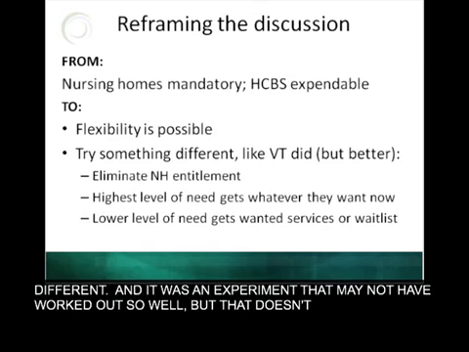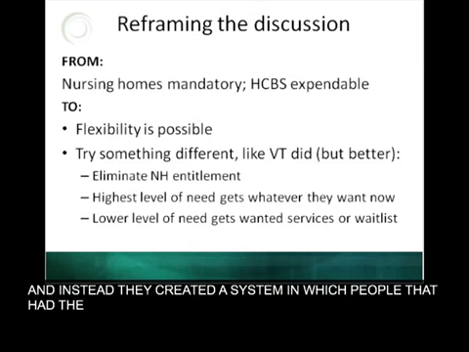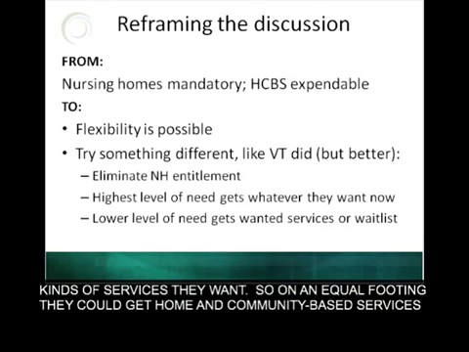Vermont did it. They tried something different. It was an experiment that may not have worked out so well, but that doesn't mean the principle is bad. What they did was they eliminated the entitlement to nursing home placement. And instead, they created a system in which people who had the highest level of need for services were pretty much guaranteed, not quite guaranteed, to get whatever kinds of services they want.